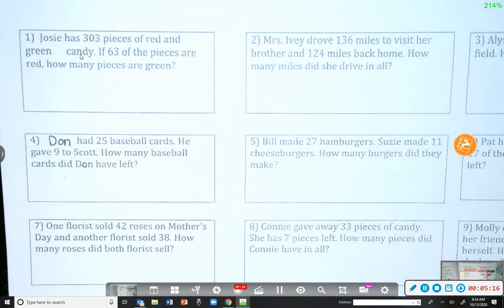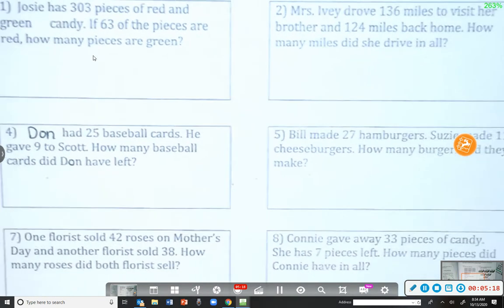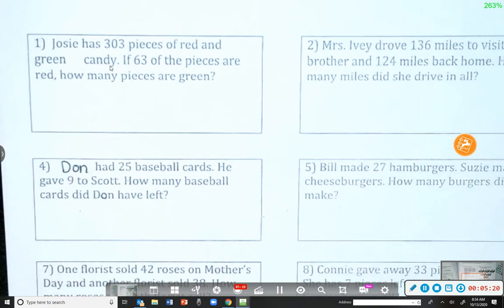So we're looking at number 1, the top left-hand side. Who wants to read? Okay, Bryson.